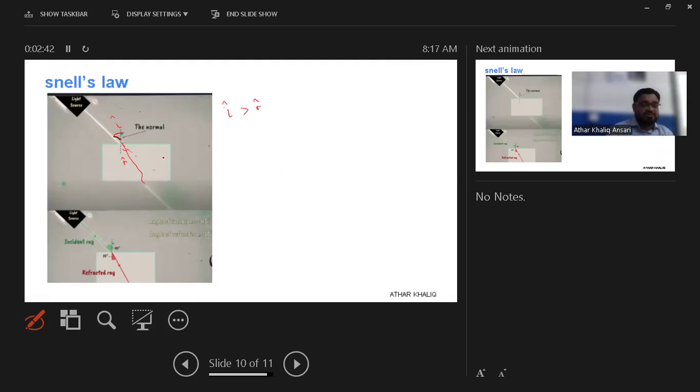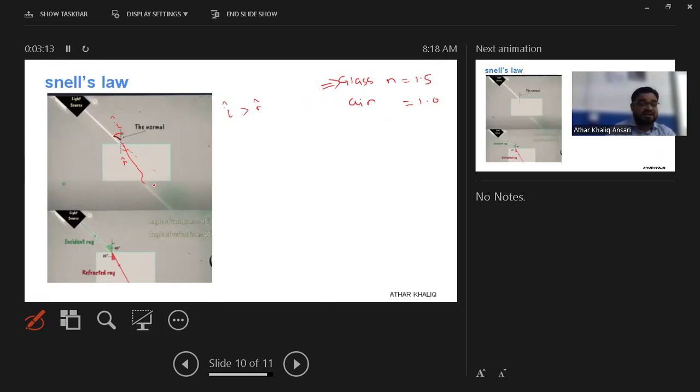If you recall yesterday's lesson, glass has a higher refractive index. The refractive index of glass is around 1.5, whereas the refractive index of air is 1.000 something. So glass has more refractive index. If light enters from a medium having less refractive index to more, it bends toward the normal, like in this condition.